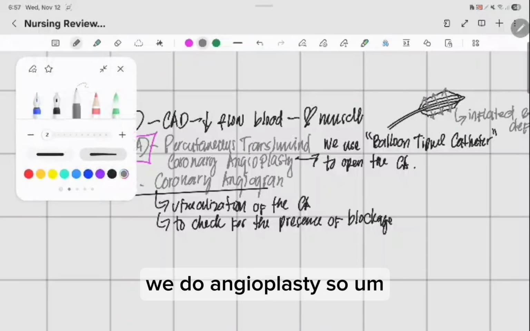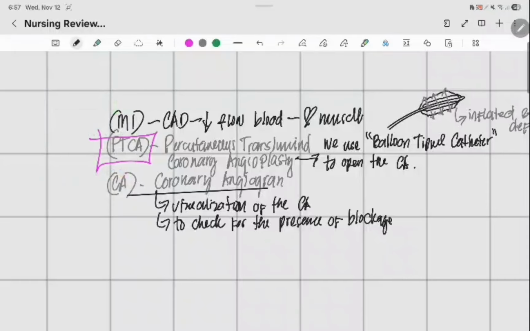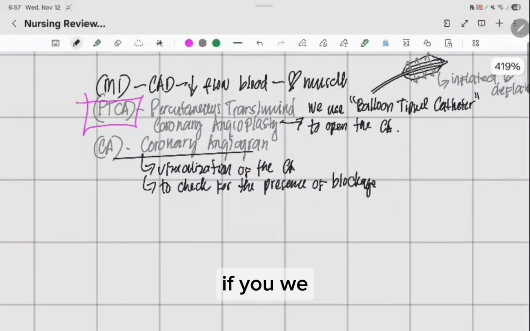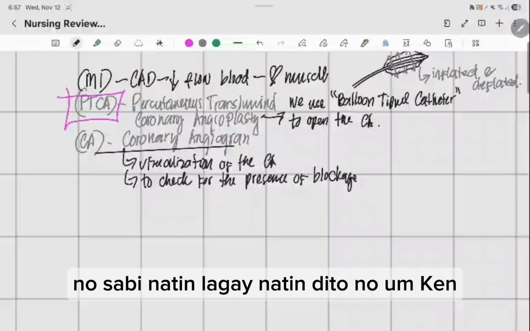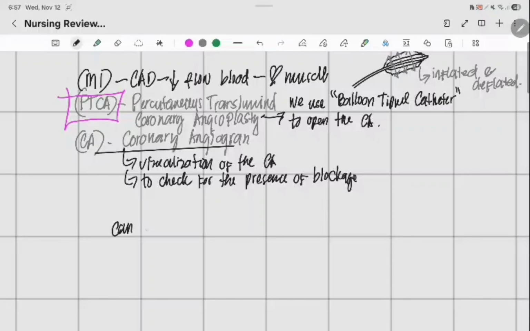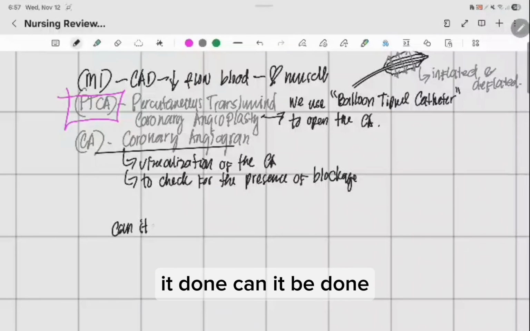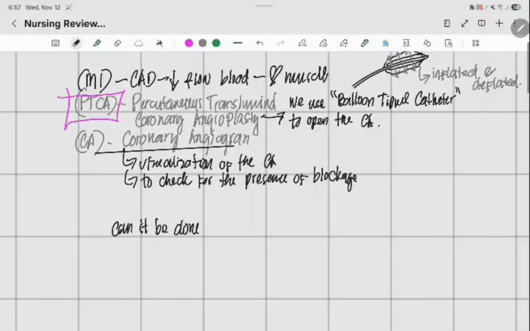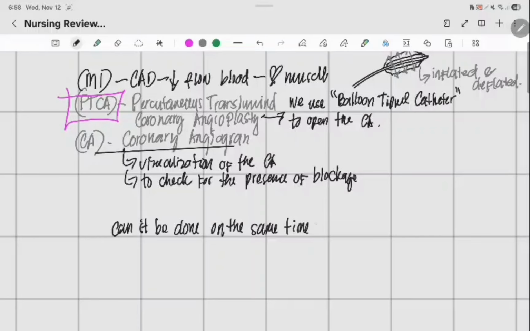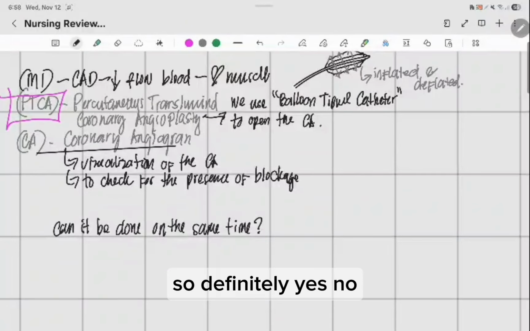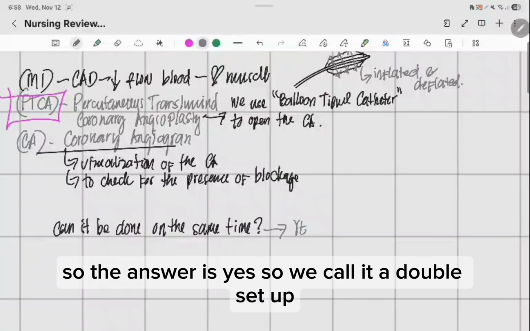If you ask me if it can be done at the same time, so definitely yes, the answer is yes. So we call it double setup.